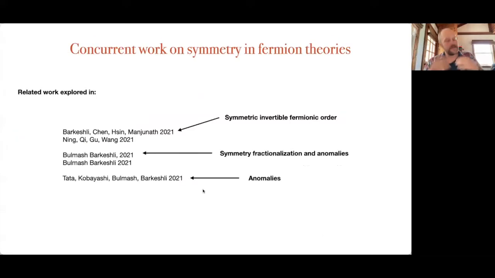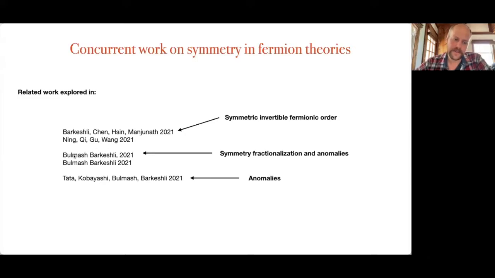Okay, so simultaneously to our work there were five concurrent works that all appeared at around the same time. Four of these five came out of Mason's group. The first one is by Mason and the second one is by Gu's group, where they study symmetric invertible fermionic orders.